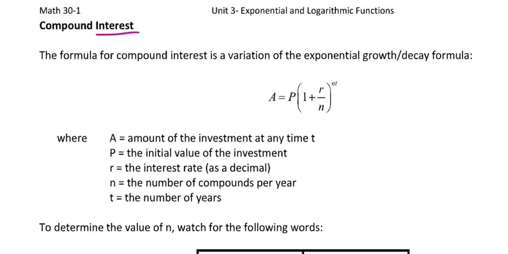So let's go through this and I'll explain a bit more. A will be the amount of the investment at any time t. So A is how much money you are getting out of it, or if you had a loan, how much you owe the bank. So it can go either way. If you're investing in the stock market or investing in something, then this formula would be good for you. If you're borrowing money, then this is money that you'd be paying to the bank. So it can be good or bad.